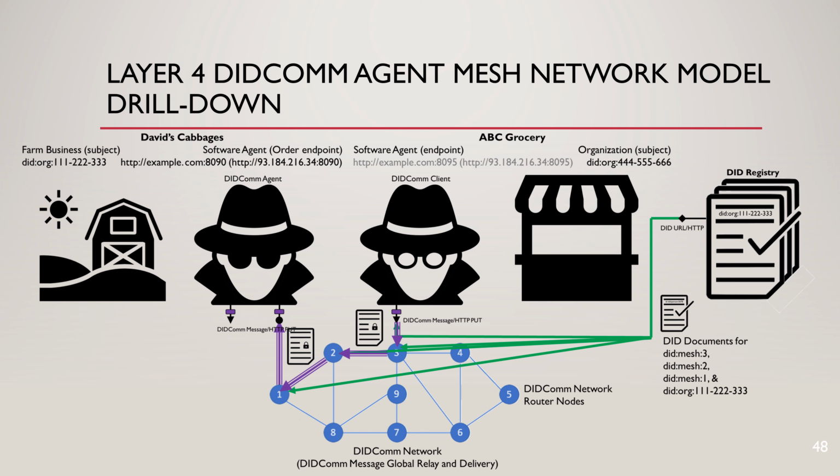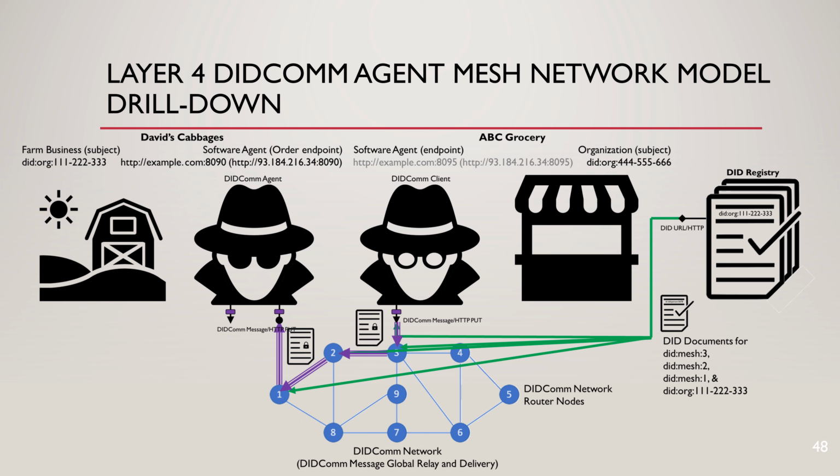If you're delivering a message around the world, there's latency issues, so you may want to have a store and forward type of solution that's represented by a DIDComm network. The blue dots are the DIDComm network router nodes. They're actually a specialization of DIDComm agent.